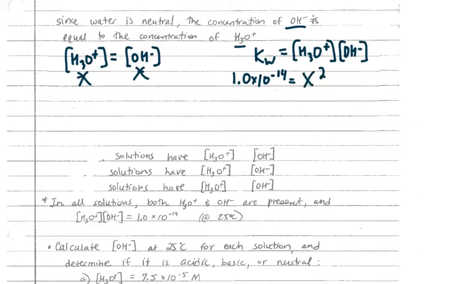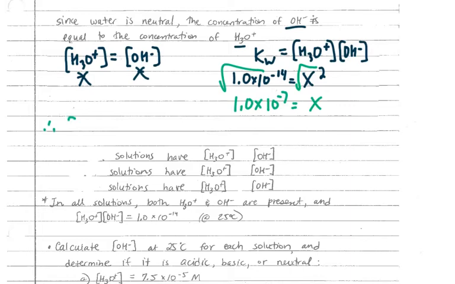And so we can solve for x, the concentration of hydronium and hydroxide in pure water, by taking the square root of each side. The square root of this is 1 times 10 to the negative 7. So x is 1 times 10 to the negative 7.